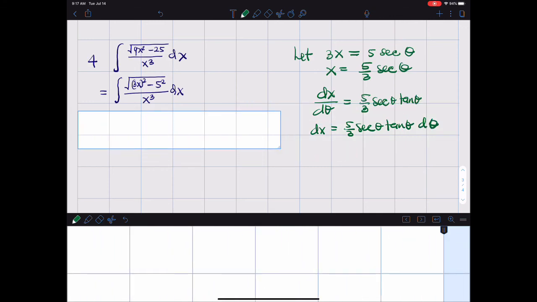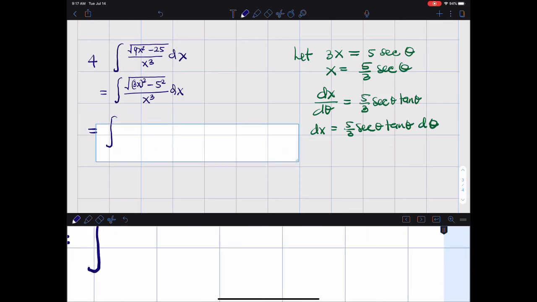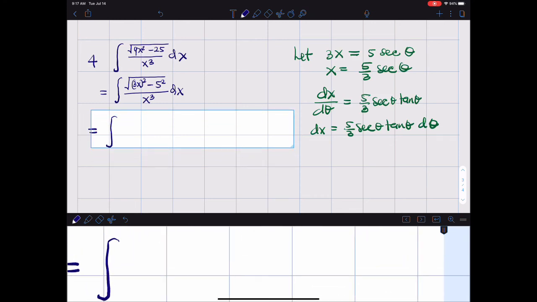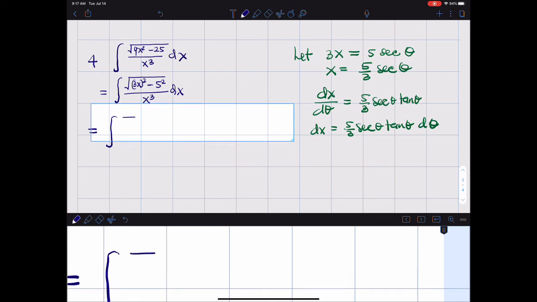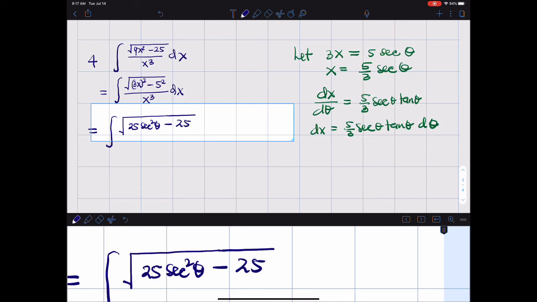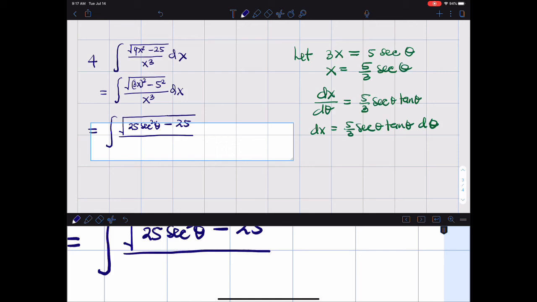I'm already tired of writing. All right, so let's plug everything in. (3x) squared becomes, since 3x is 5 secant of theta, 25 secant squared, minus 5 squared which is 25. So we have that, and then we have x cubed, which is 5/3 secant of theta cubed.